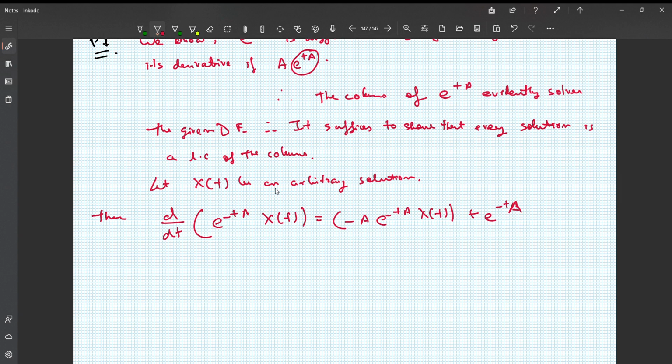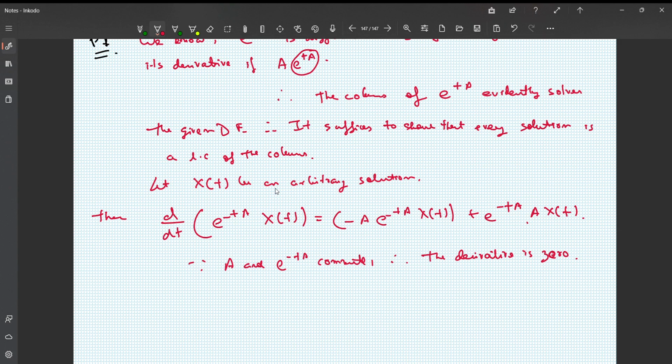So it's minus a times e to the power minus ta x(t) plus e to the power minus ta times a x(t). Since a and e to the power minus ta commute, the derivative is 0.